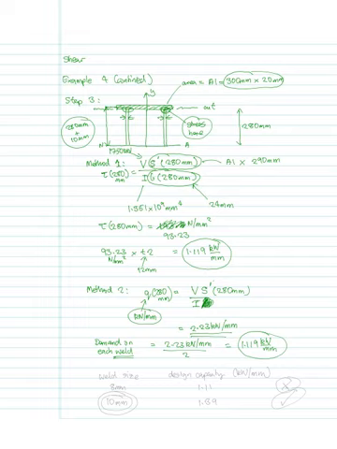Now, there was a table provided which shows the weld sizes, and we know that a weld capacity of 1.119 kilonewtons per millimeter needs to be found.